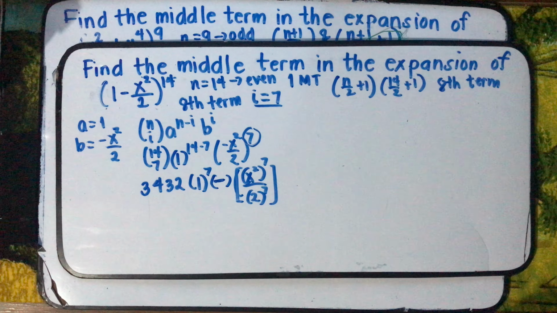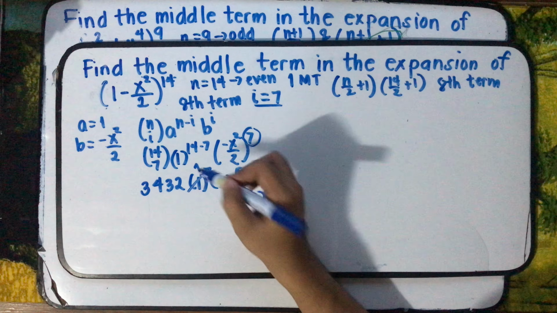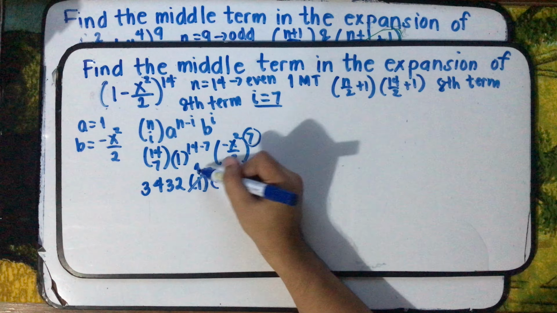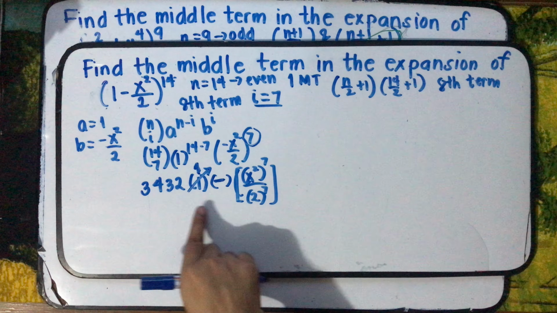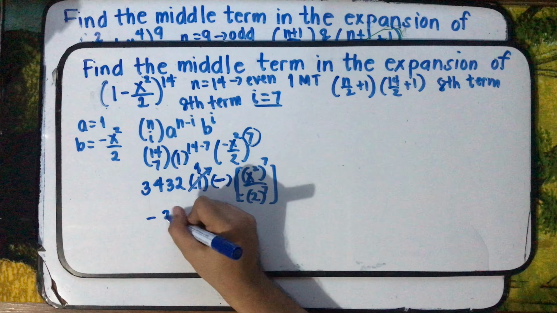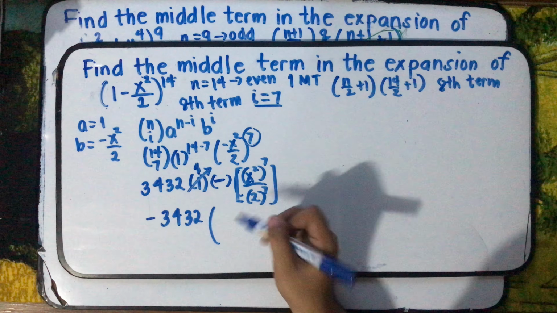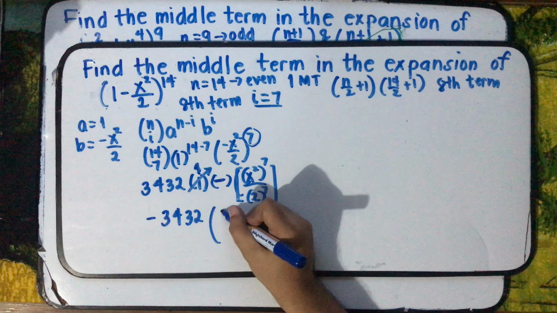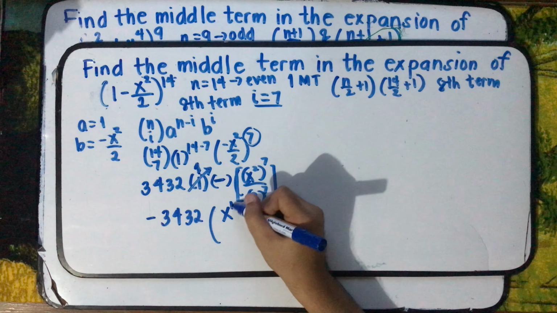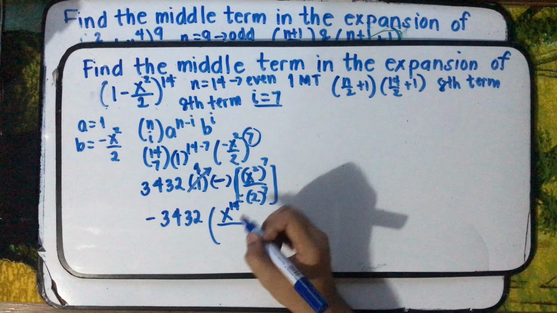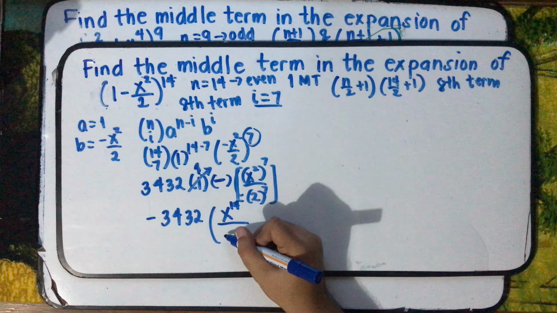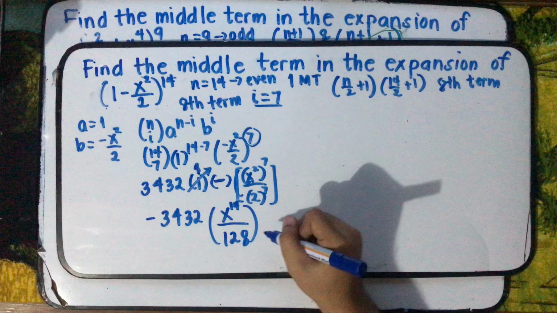So let us try to simplify. 1 raised to 7 is just 1. 3,432 times negative is negative 3,432. Multiply this by x squared raised to 7, which is x raised to 14, over 2 raised to 7, which is 128.